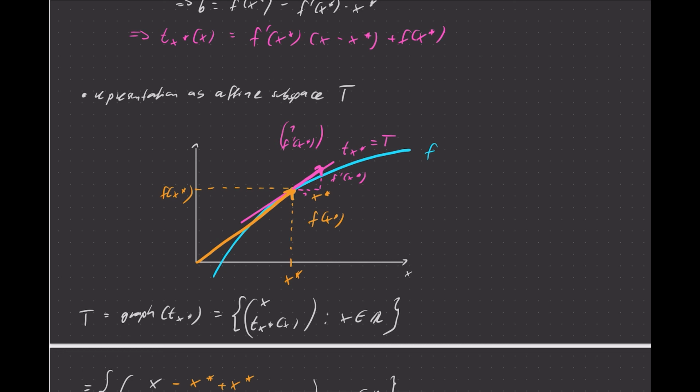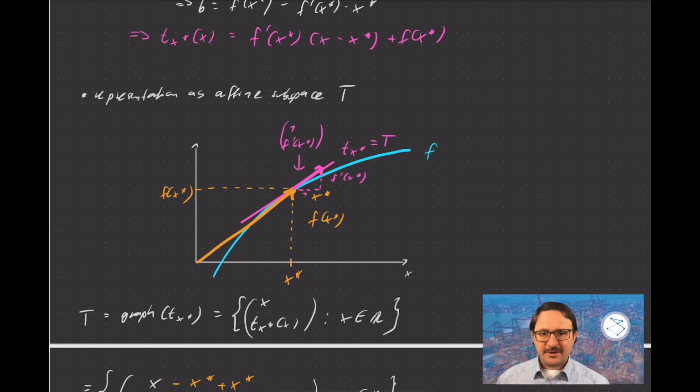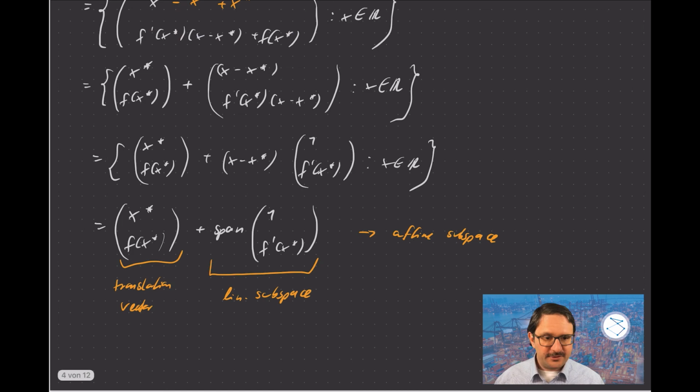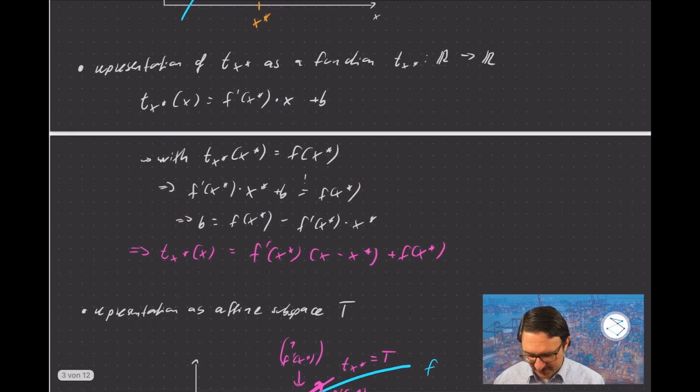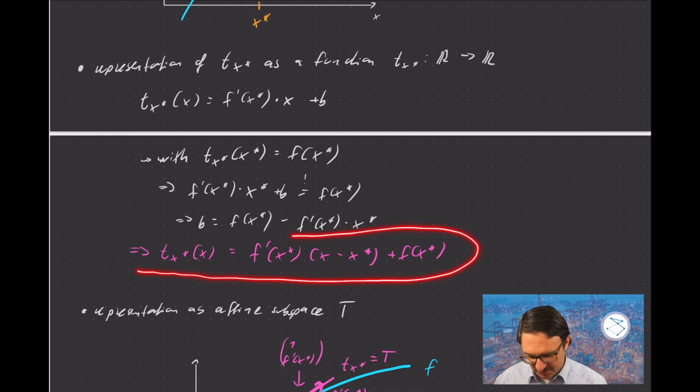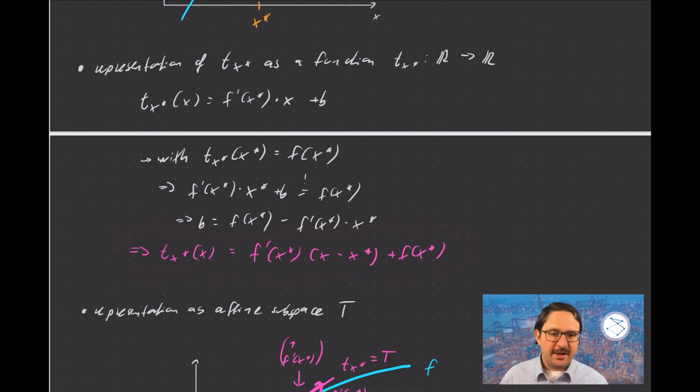So that's the direction of the tangent, and that is exactly, of course, what you would expect. That direction, and you have a point where the tangent is anchored, and of course a good choice for that point would be exactly this point here. So this gives us a nice description of the tangent of a function graph, either in this form as an affine subspace or in the form of a functional description, which is probably more suitable for calculus.